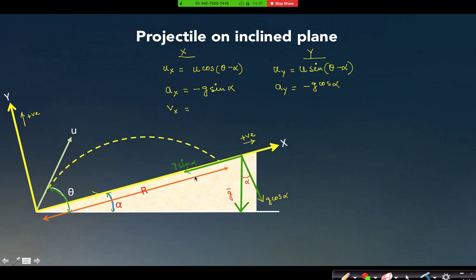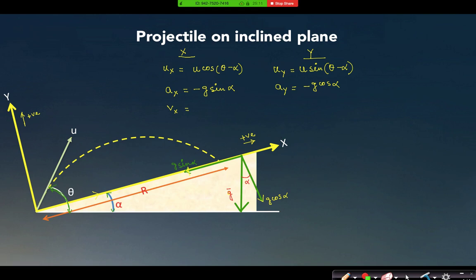The component of gravitational acceleration along the inclined plane acts along the negative x-axis, that is why I have taken a negative sign before it. Similarly, the component of g along the y-axis is along the negative y-axis, so I have taken minus g cos alpha.